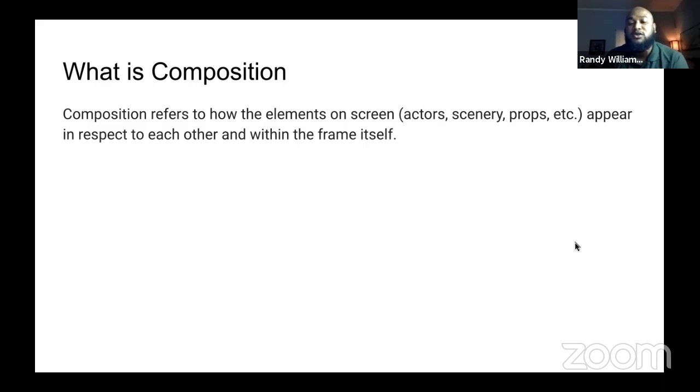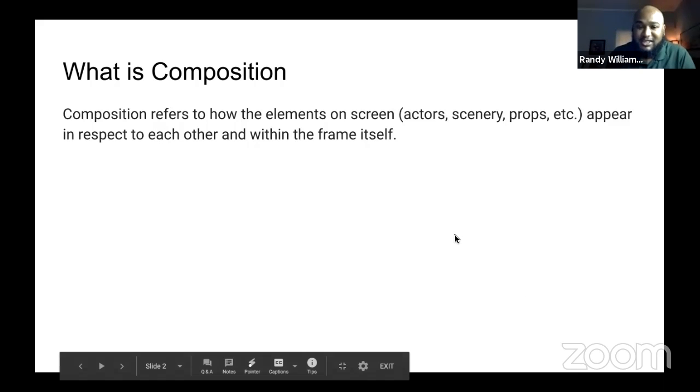Composition refers to how the elements on screen, the actor, scenario, props, etc., appear in respect to each other and within the frame itself. So your composition is basically your shot, how you're framing your shot. And there's such a thing as good composition and bad composition. We will get to that later on in the presentation.